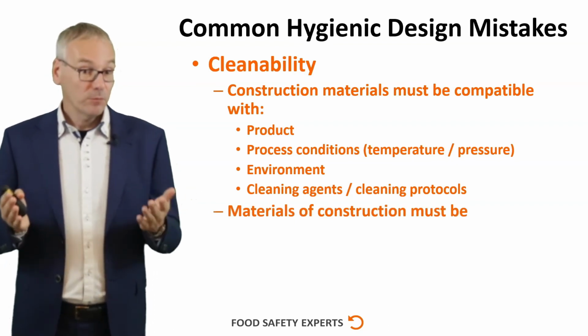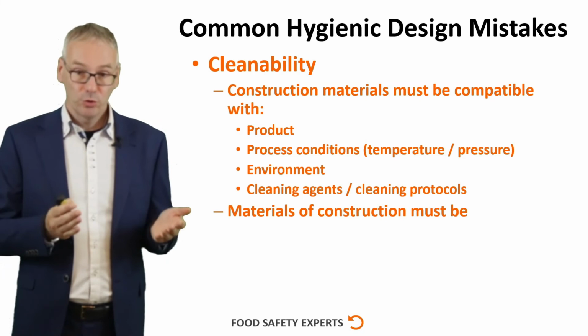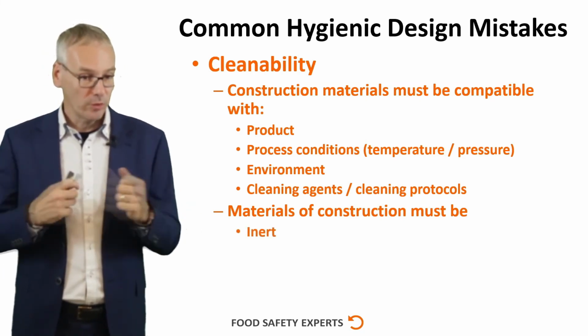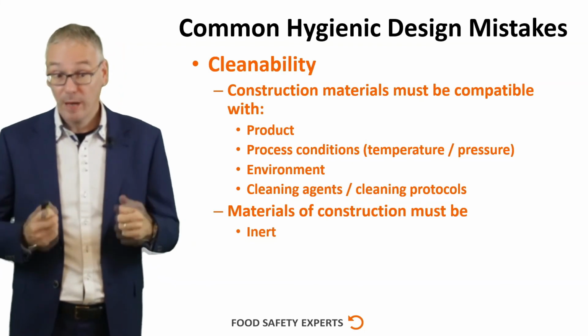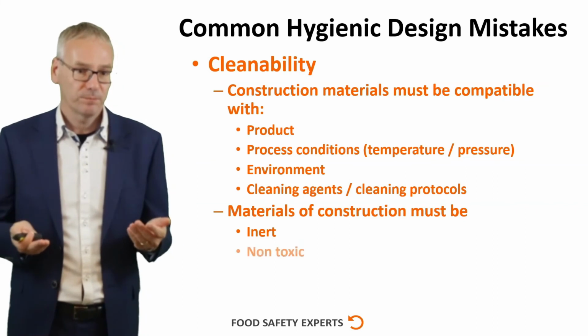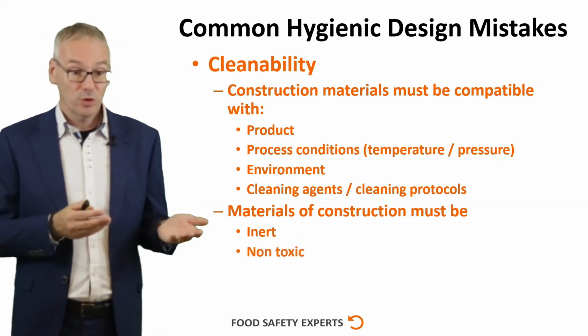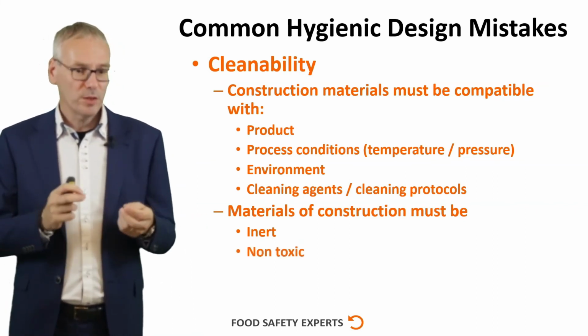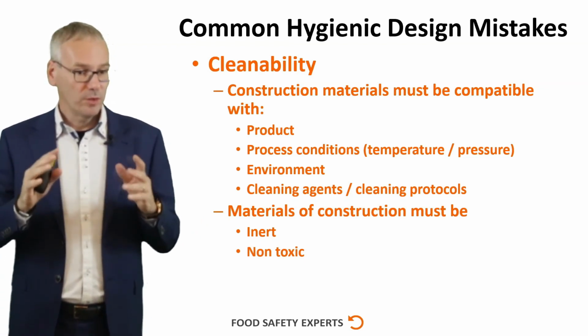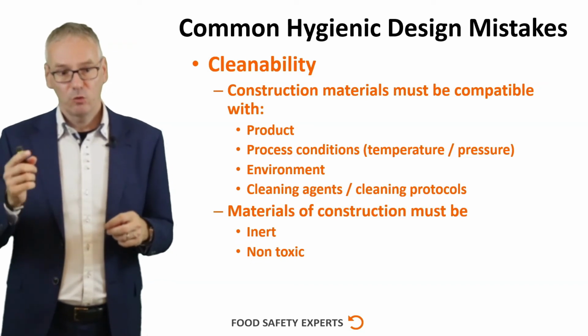In any way, the materials of construction that you use in a food factory must be inert. It means that they should not interact with the food or with the chemicals that you use for cleaning of your process installation. They also must be non-toxic, because there might always be a small transfer, especially in plastics, for example, of some of the ingredients in the plastic into the food.